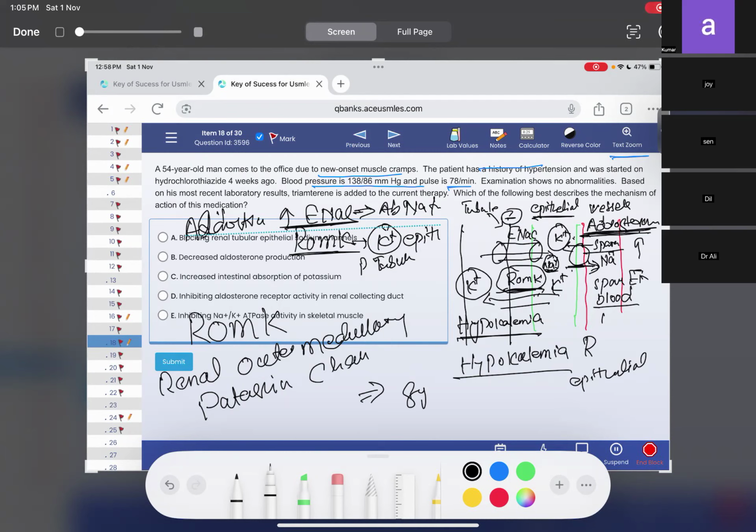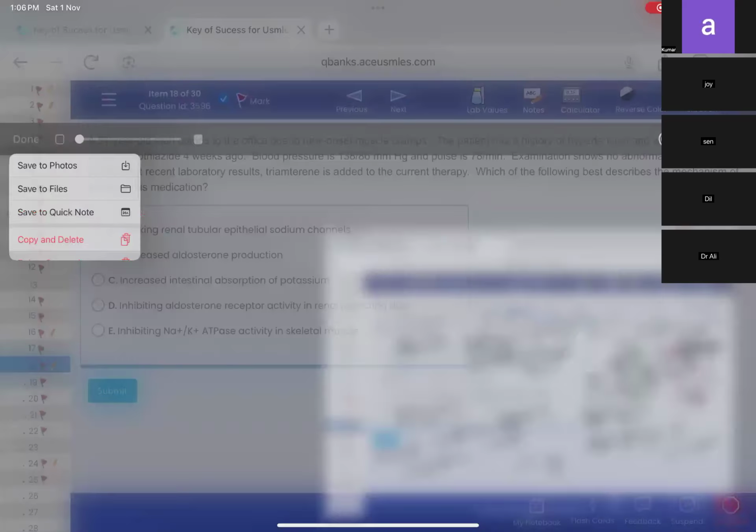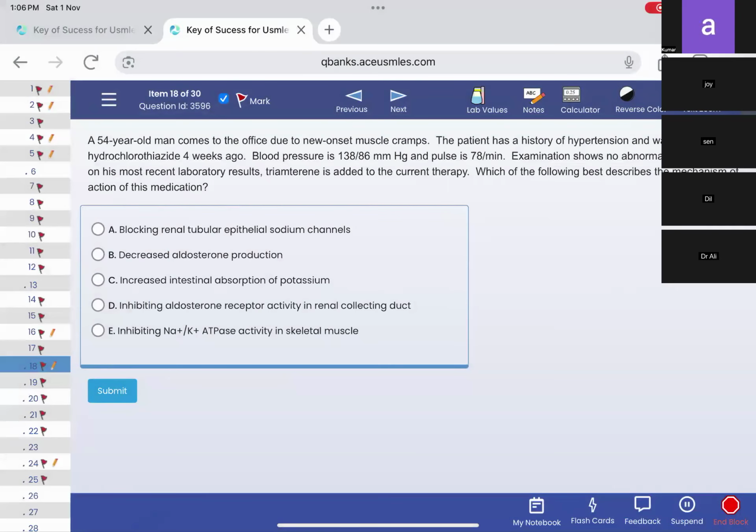Clear, everybody? Yes, sir. So which option is correct? Now you're going to tell me.